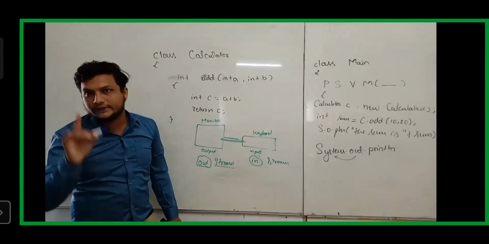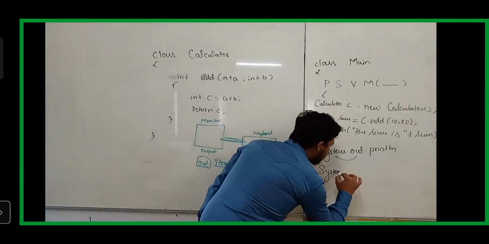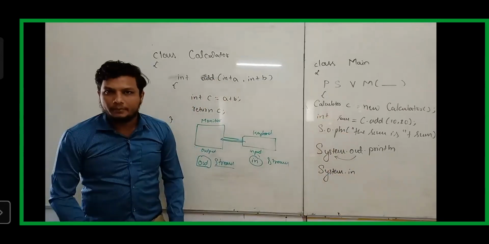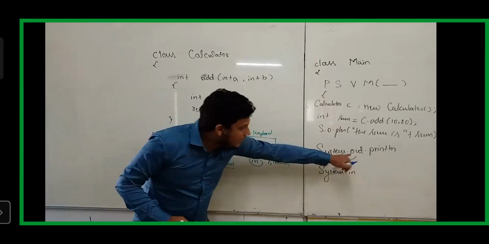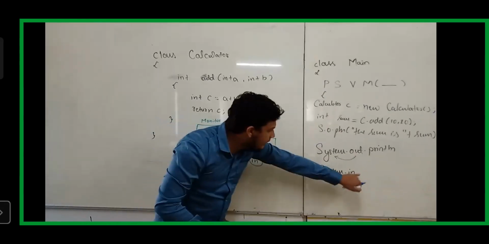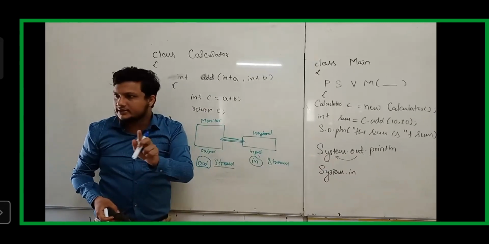So I need to write System.in. System.out invokes the output stream which will give me the output. System.in invokes the input stream which will take the input.